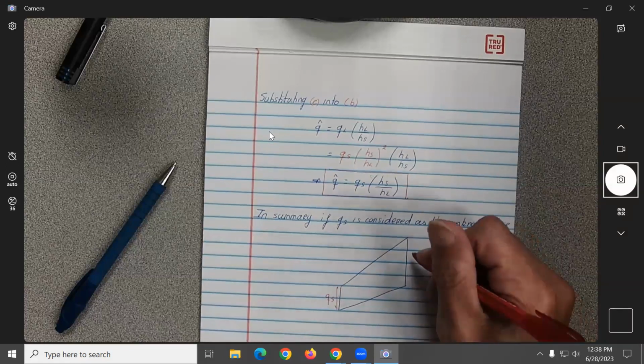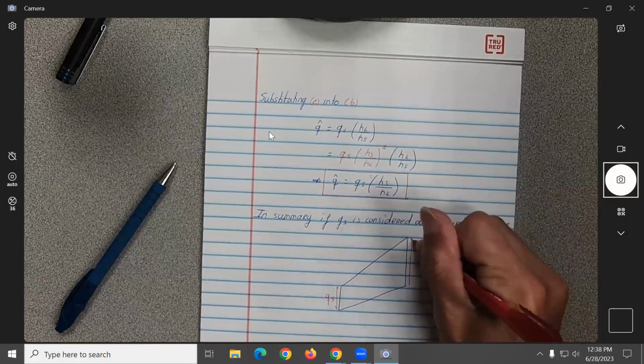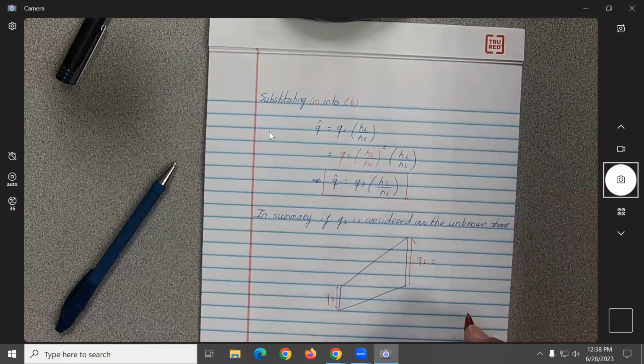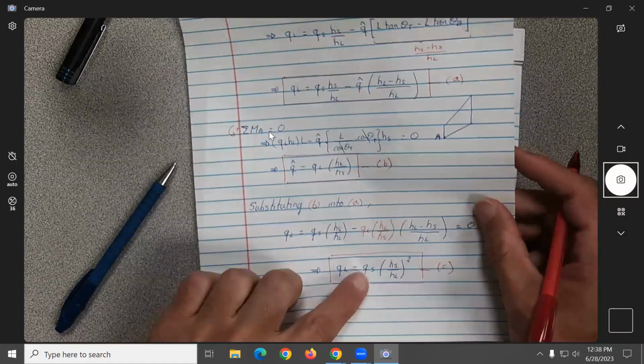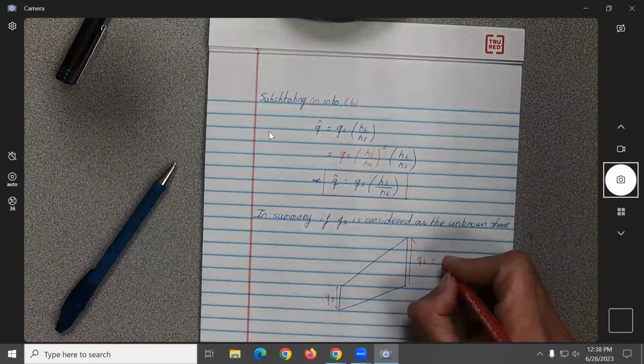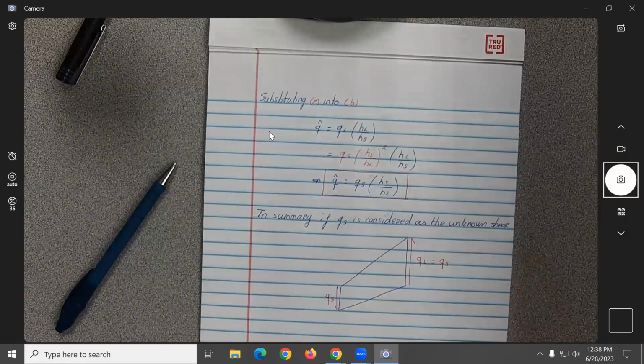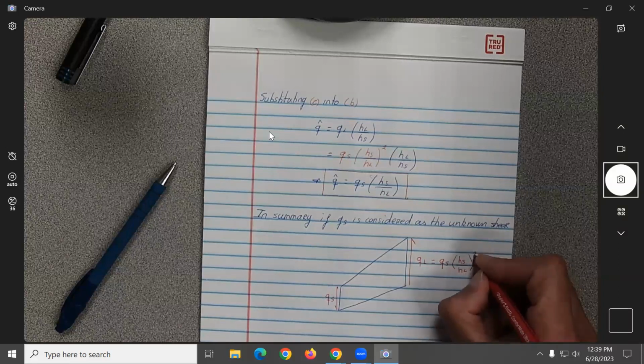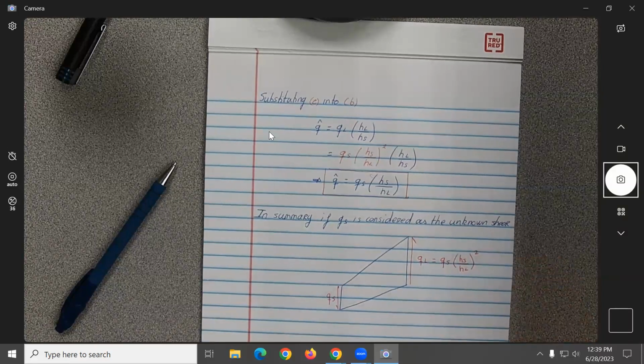Okay, so if you look at the derivation, Q long is equal to what? Should be equal to equation C. What is Q long in function of QS? Is equation C, which should be, you see, Q short times short height divided by long height, you take the square.